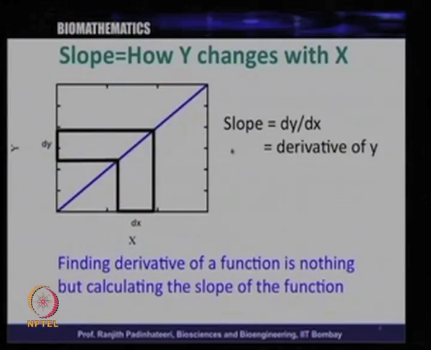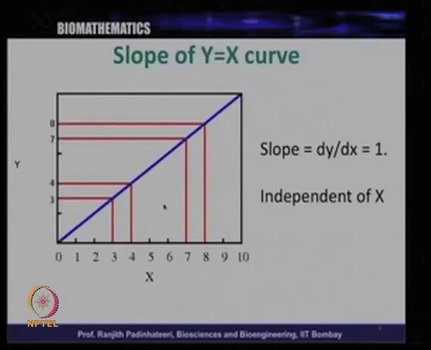Okay, so now let us look a little more at what we have. As we see here, dy by dx we can calculate by noting down the dy and the dx, and we saw last time that whether you take dx here or here for a straight line, you always get the same slope. So, if you take this dx between 3 and 4 or some other point like 7 and 8, you will always get slope equal to 1.